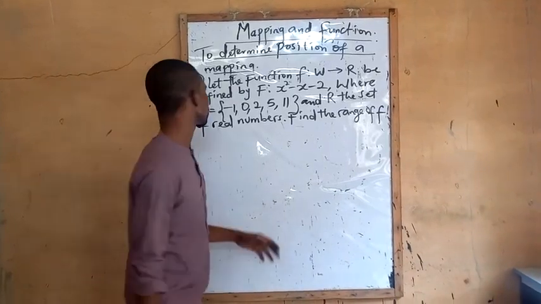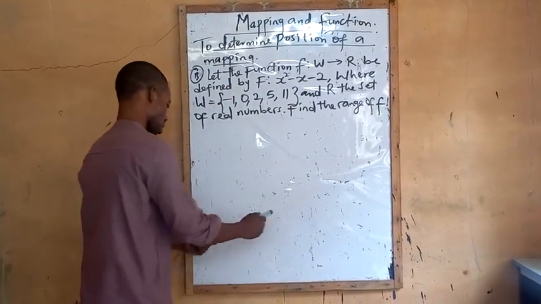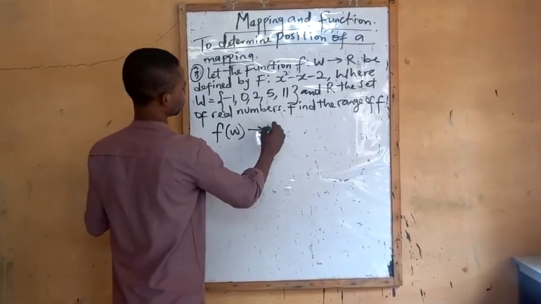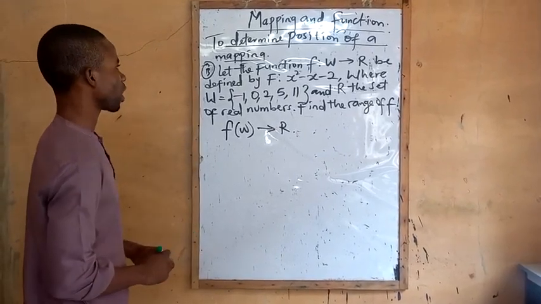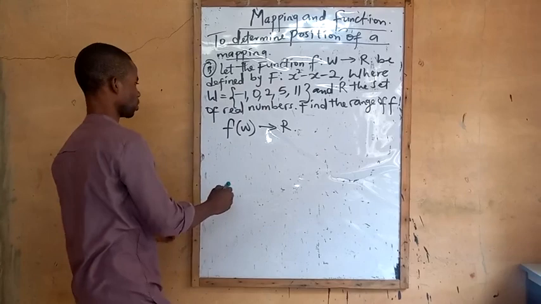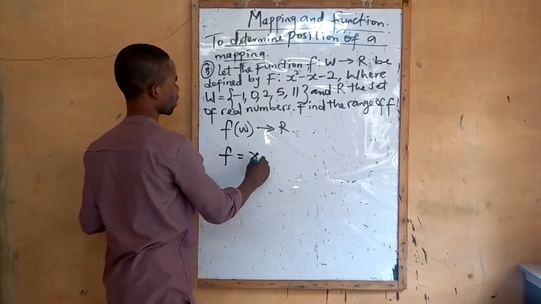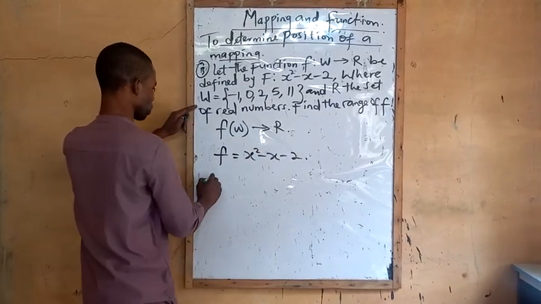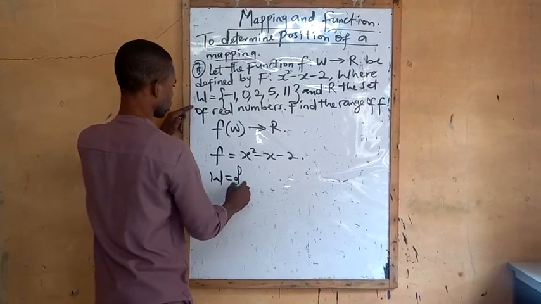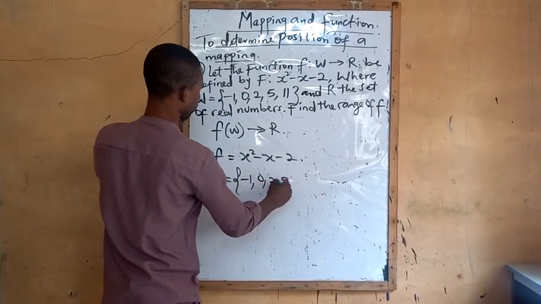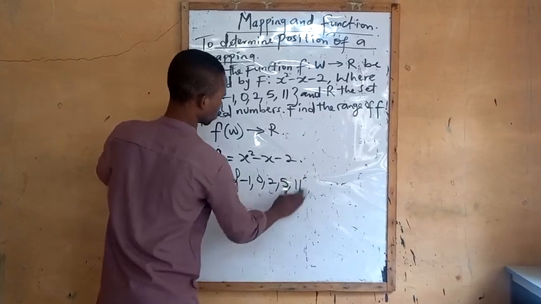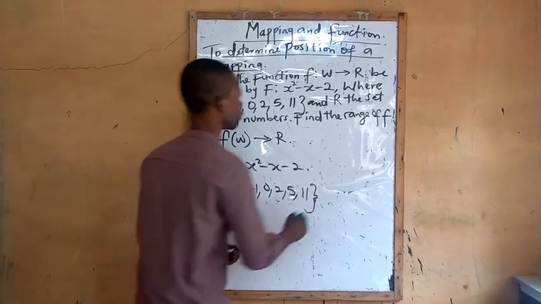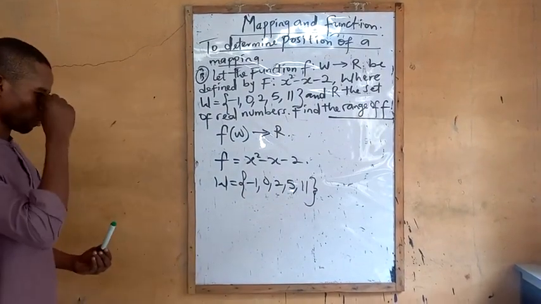Let the function f of w be given. The value of f is x squared minus x minus 2, where the members of w are minus 1, 0, 2, 5, 11, and R is the set of real numbers. We now find the range of f.